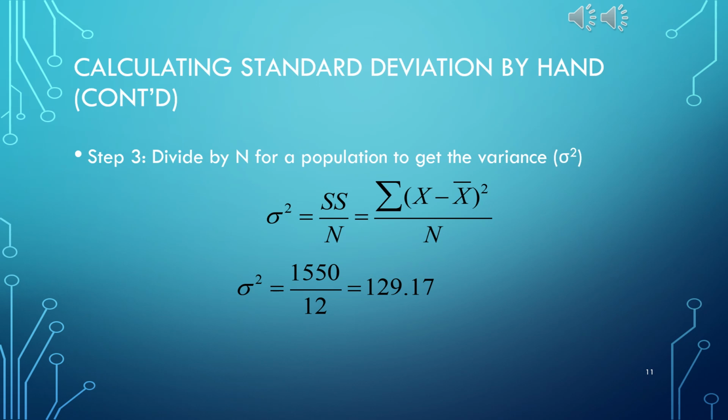No, we're not done, unfortunately, because since we had to square all those different scores, the units of variance are also squared. And so what this 129.17 is saying is the amount of points away from the mean on an exam squared. That is points squared away from the mean, which is like, what does that even mean?